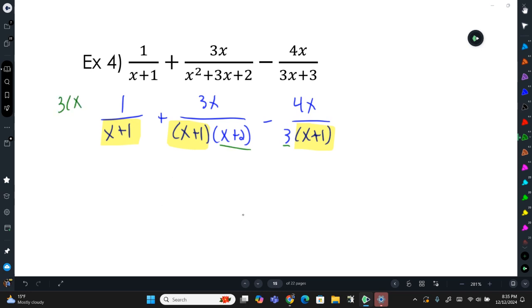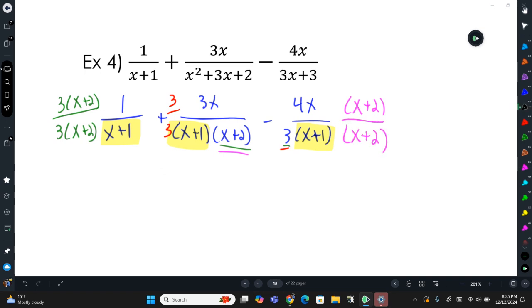So we got to multiply by 3 times x plus 2 over 3 times x plus 2. Now the second one is missing only the 3. So I'm going to multiply 3 over 3. The last one is missing just the x plus 2. So x plus 2 over x plus 2.